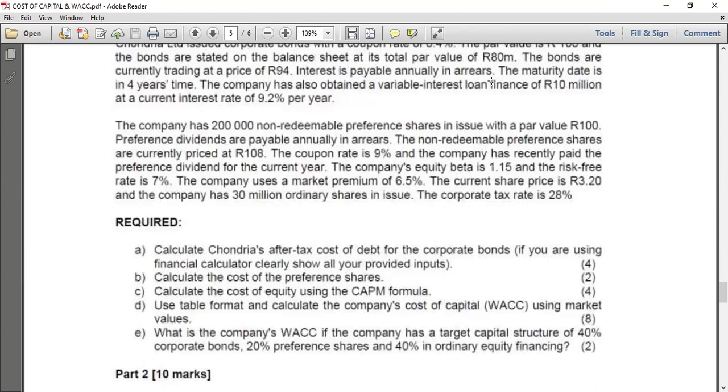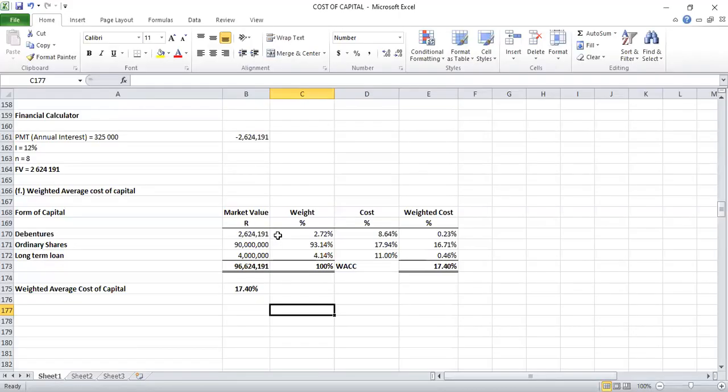Sorry, I have a question. Yes, you can ask. Can we go back to that Excel? You said to get the weighted cost, you multiply the weight times the cost. The thing is, I'm getting different answers. Not sure if I'm counting wrong.